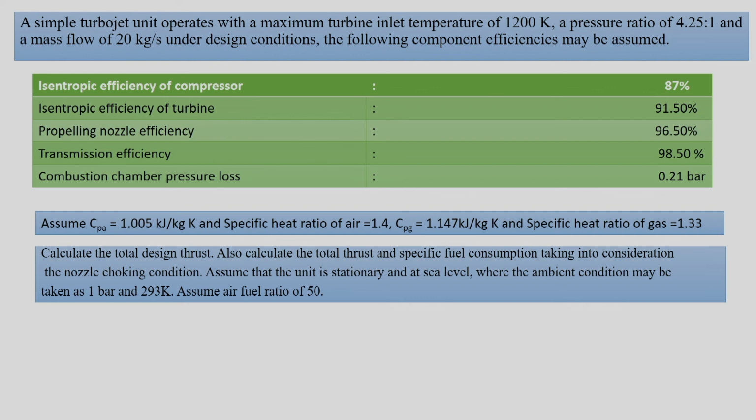Further, it is notable here that we are told to use different properties for air and the gas, which is specific heat and specific heat ratio. So, let us plot the TS diagram first before we proceed to solve the example.